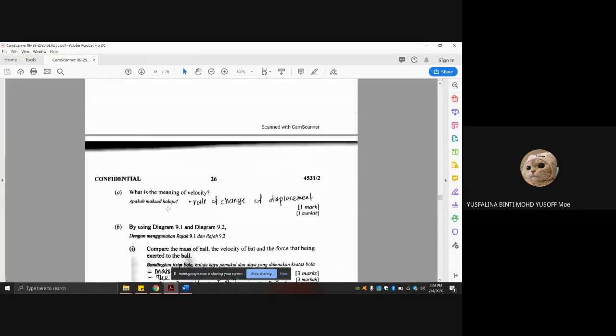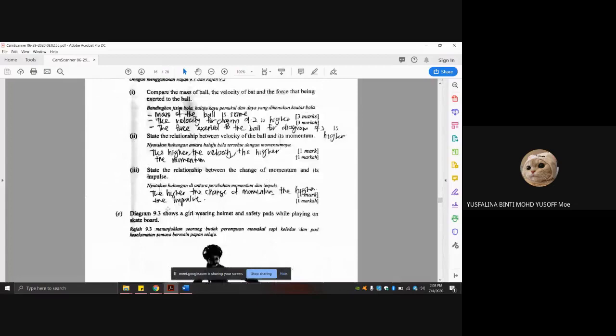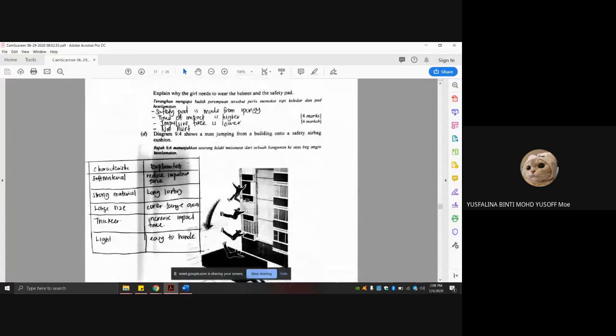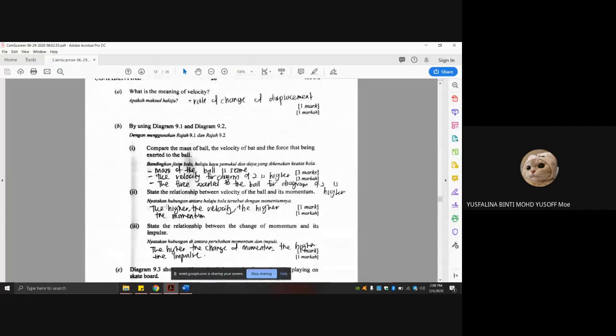Okay, so the next question. Where is the diagram? Maybe I forgot to.